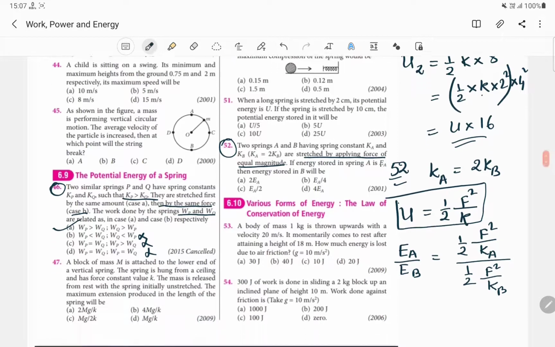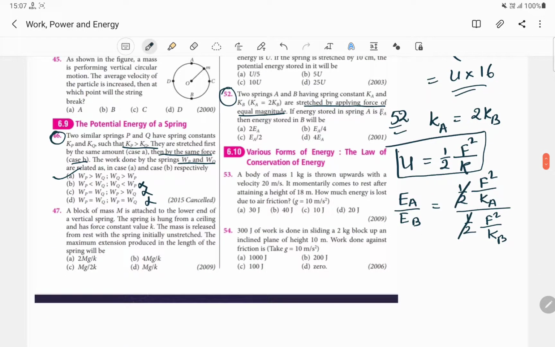The half and F square get eliminated, and we are left with Kb divided by Ka. Now just put in the values.